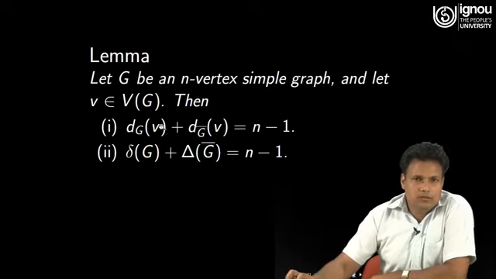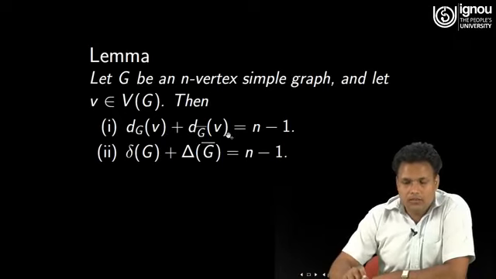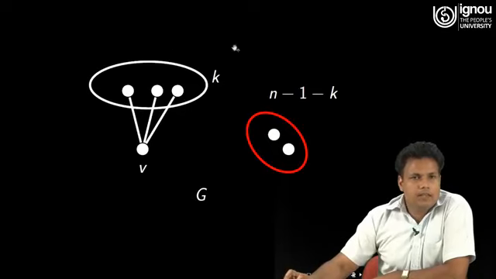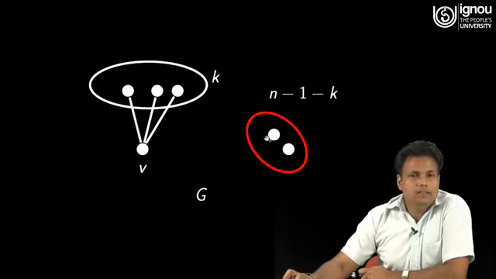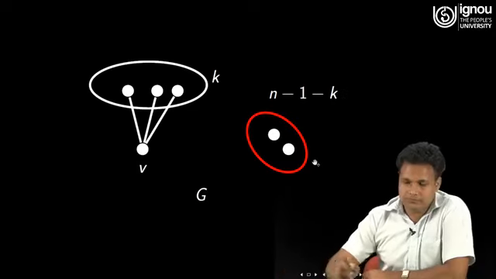You just consider the vertex V, and let V have k neighbors in G, and then n minus 1 minus k vertices are non-adjacent to V. So these n minus 1 minus k vertices are the neighbors of V in G bar, and hence the degree sum of V in G and G bar becomes n minus 1.